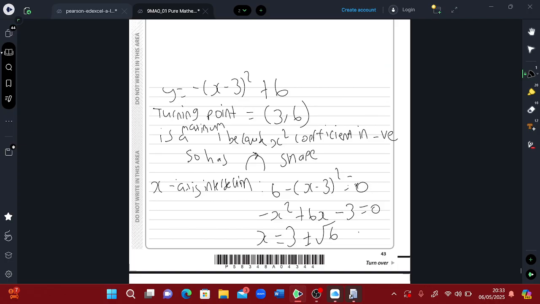You need to consider the reciprocal graphs too. You also need to consider the behavior when x goes to plus or minus infinity. Now, with quadratics, when it goes to negative infinity, it will keep going to infinity as well. Same with positive.